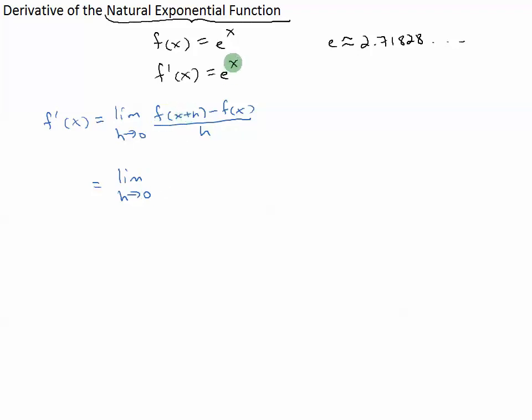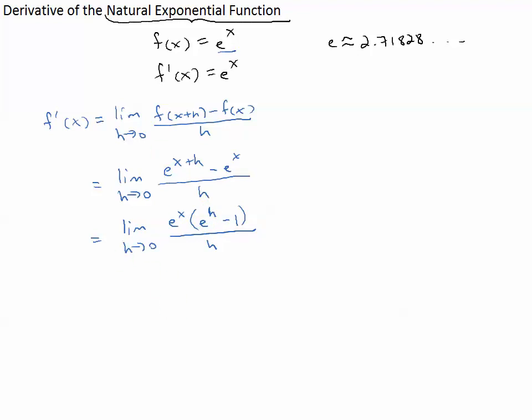F of x plus h, using this function, is e to the x plus h minus e to the x, all divided by h. And now you may want to investigate this a little more if you're not very comfortable with it, but I'm going to factor out an e to the x on top, and that's going to leave e to the h minus 1, and that's all over h.